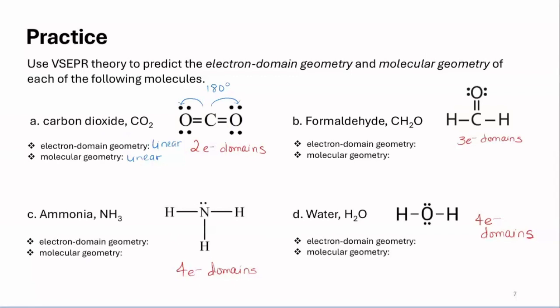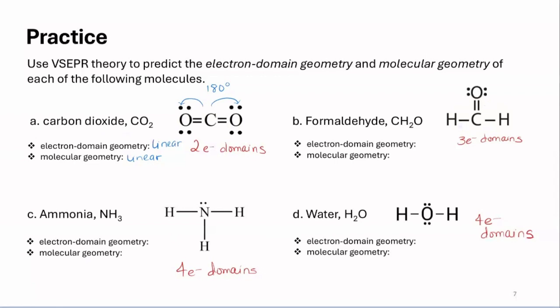Let's now look at formaldehyde. Formaldehyde, specifically in its Lewis structure, is going to have 3 electron domains. We can observe that around the central atom, we have only bonded atoms.